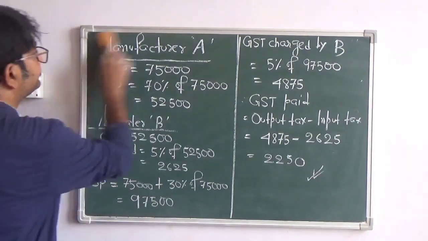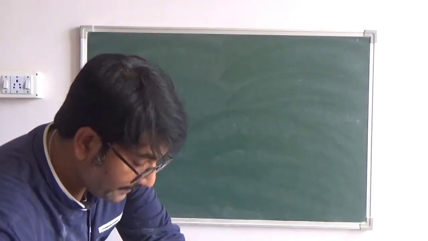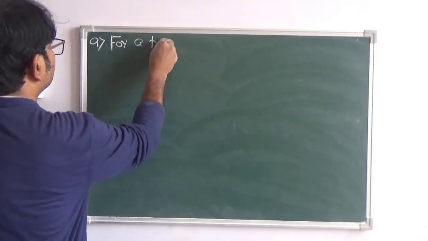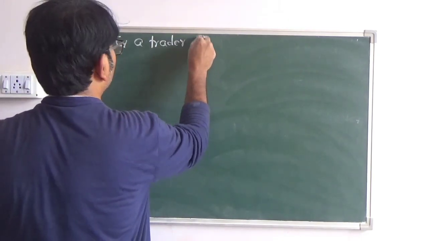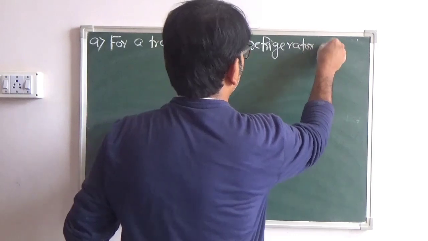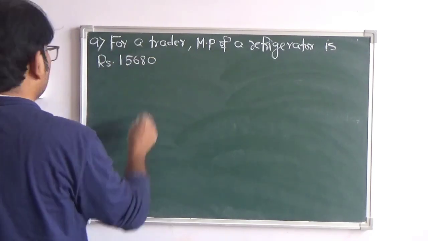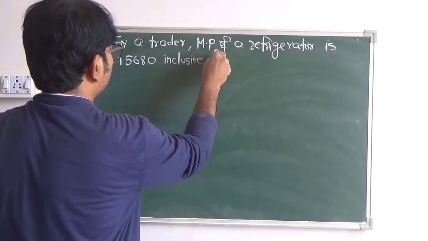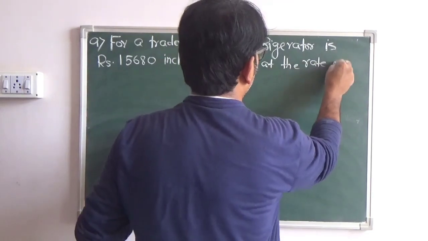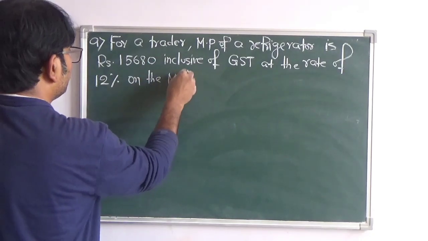So now the next one. For a trader, the market price of a refrigerator is rupees 15680, inclusive of GST at the rate of 12% on the market price.